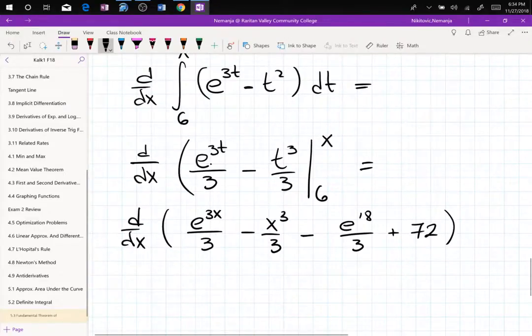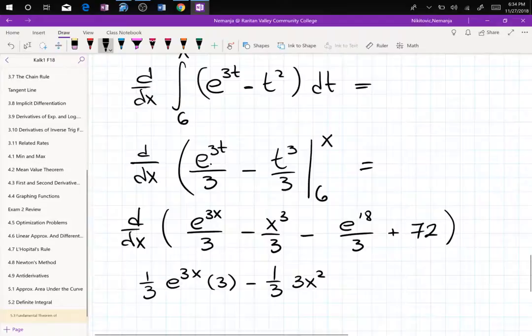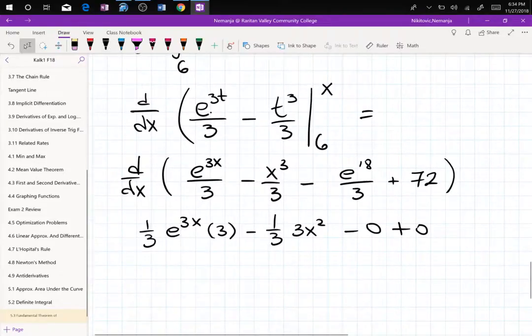Now you're supposed to take the derivative. The derivative of the first one is you copy the constant, copy e to the 3x times the derivative of the inside, which is 3, minus, copy the constant, and then you have 3x squared, minus 0 plus 0, derivatives of these constants. E to the 18 is a constant. There's no variable there.